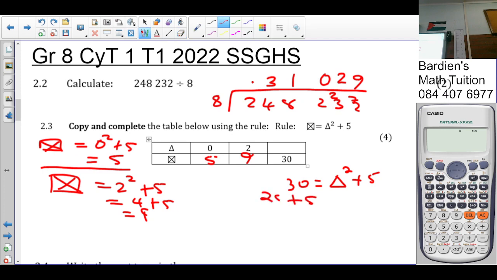We say 25 plus 5 is 30. You all see that? So there's the 5. The 5 is accounted for. So a number squared is equal to 25. A number squared is 25. And what is the number in this case? 5. Which makes us answer 5.